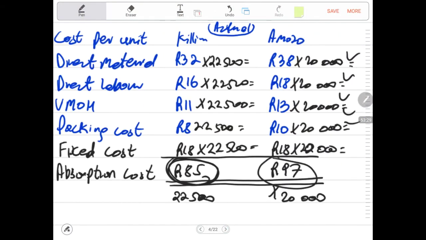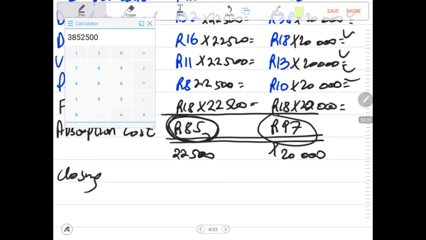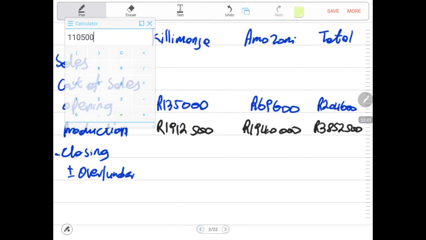What then do I say? My closing inventory is 1,300 at 85 Rand per unit. Then this gives me a closing of 110,500. Second one, we have 97 by 1,300.